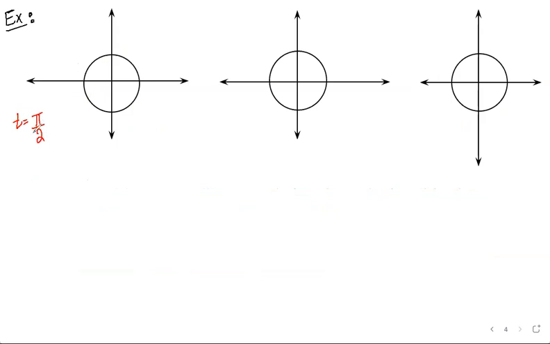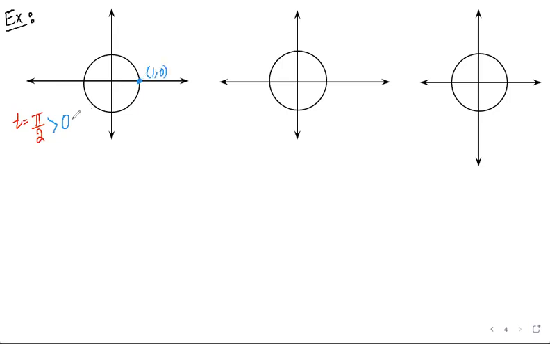This means, first of all, t is positive here, greater than 0. And t is the distance. So I have to move around this circle, starting from this point. This is my first point, 1 and 0.